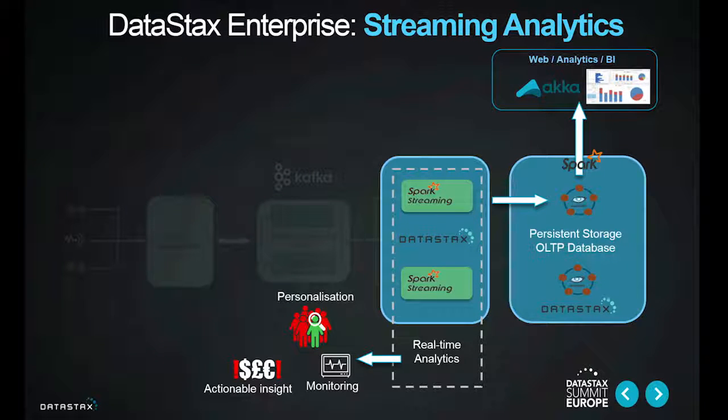This allows us to then introduce our real-time analytics. While that data is in memory, as it's being consumed by the Spark streaming processes, we can introduce our real-time analytic processing. So, for example, we can be monitoring equipment and looking for patterns or warning signs and reacting. We can take actionable insight.